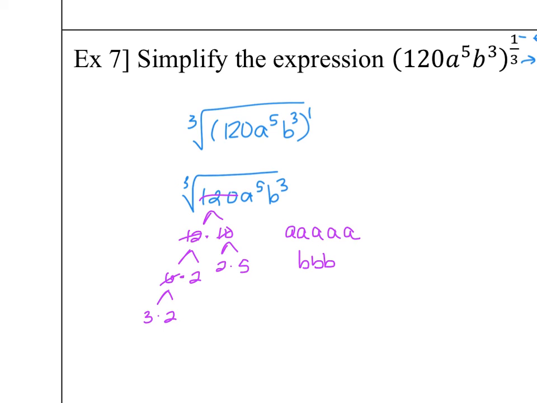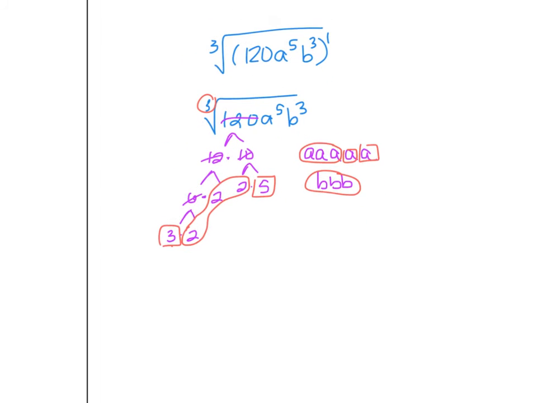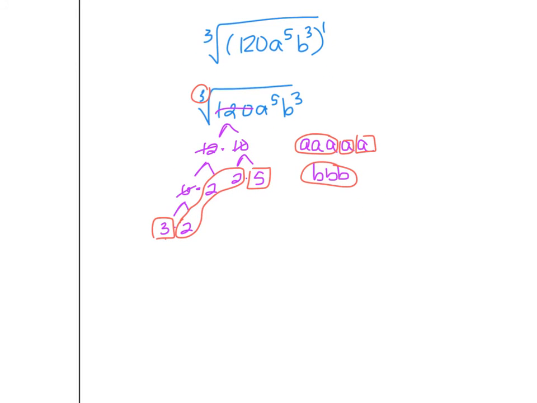So because this is a cube root, that means I need groups of 3 numbers. So the 3 only has a single 3, but I see 3 2's. So 3 and 5 are left alone. I can do one group of A's with 2 left alone and one group of B's. The grouped things go out, so 1, 2 is going to come outside.